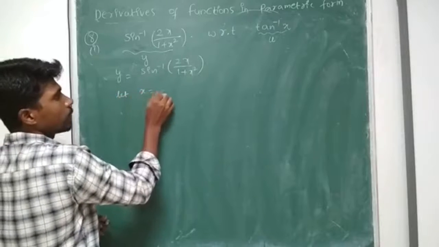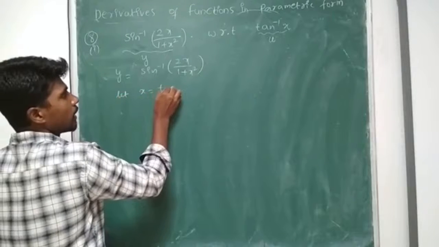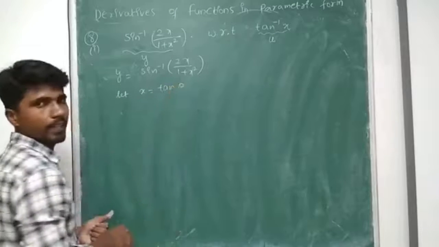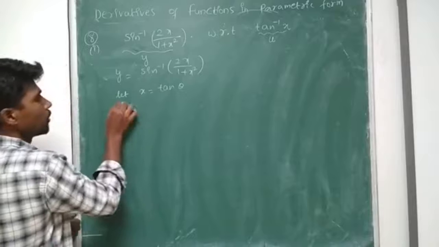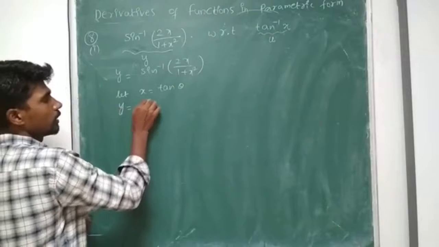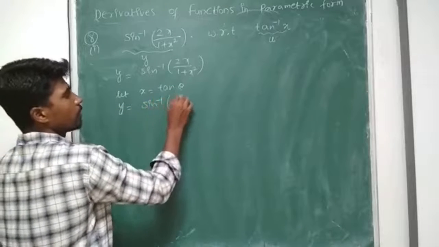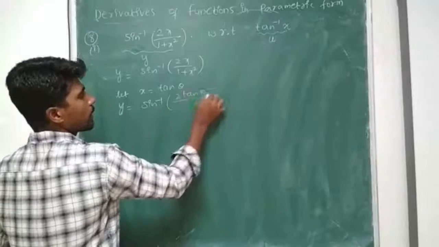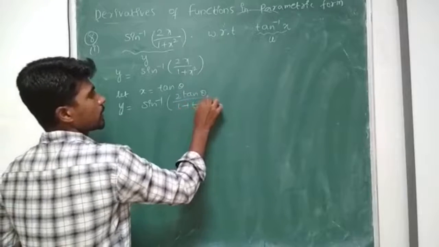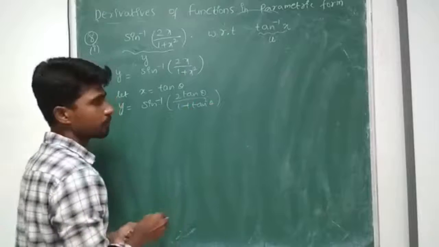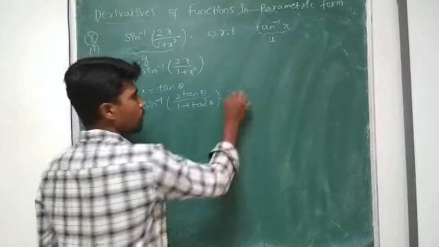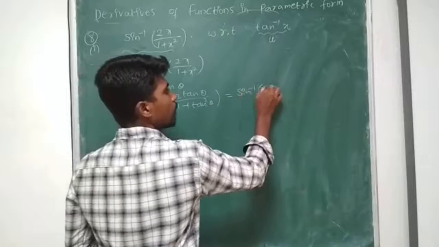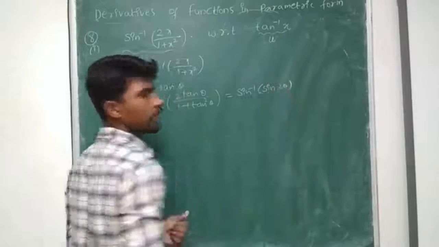Let x is equal to tan theta. Then we get y is equal to sin inverse of 2 tan theta by 1 plus tan square theta, which is equal to sin inverse of sin 2 theta, right?